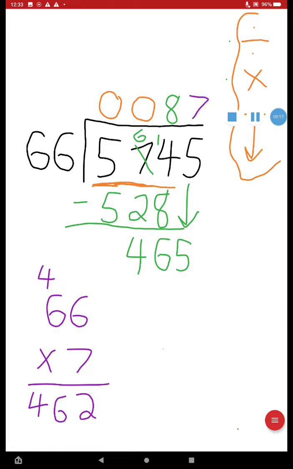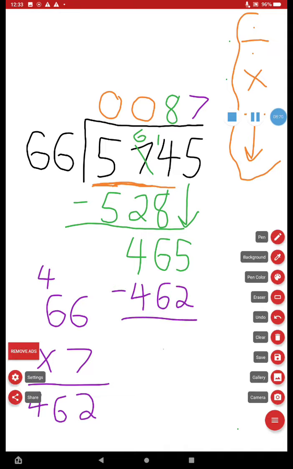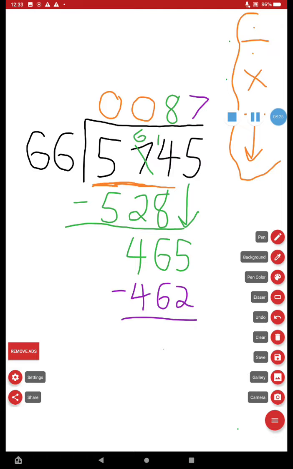7 times 66 is 462. Now we subtract. But first I'm going to erase this multiplication down here so I have room. All right, now let's subtract. 5 subtract 2 is 3. 6 subtract 6 is 0. 4 subtract 4 is 0. Is there any other number to bring down?